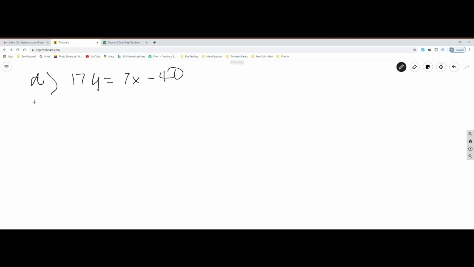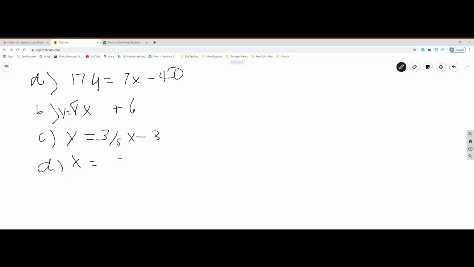For B, it was y equals x plus 6. For C, it was y equals something, and D was x equals 3.